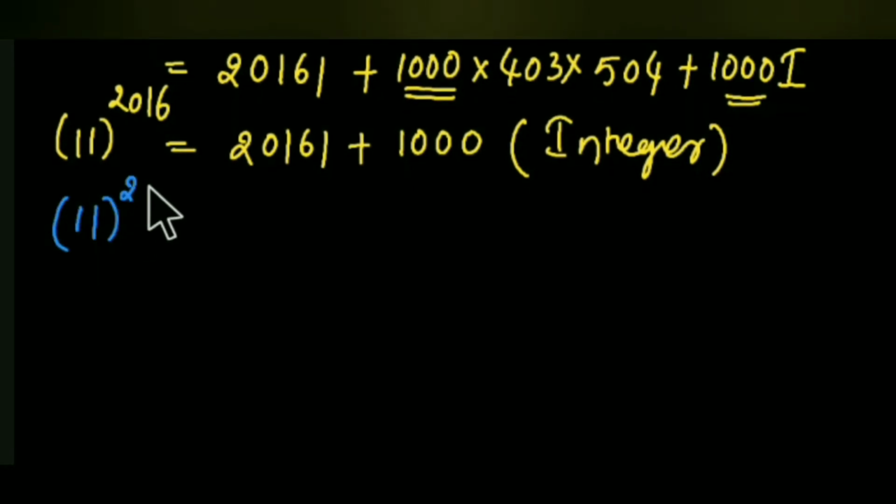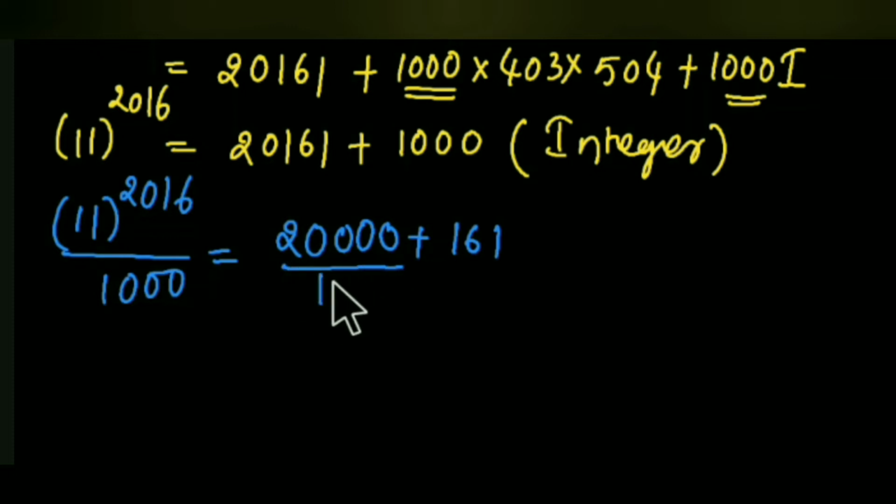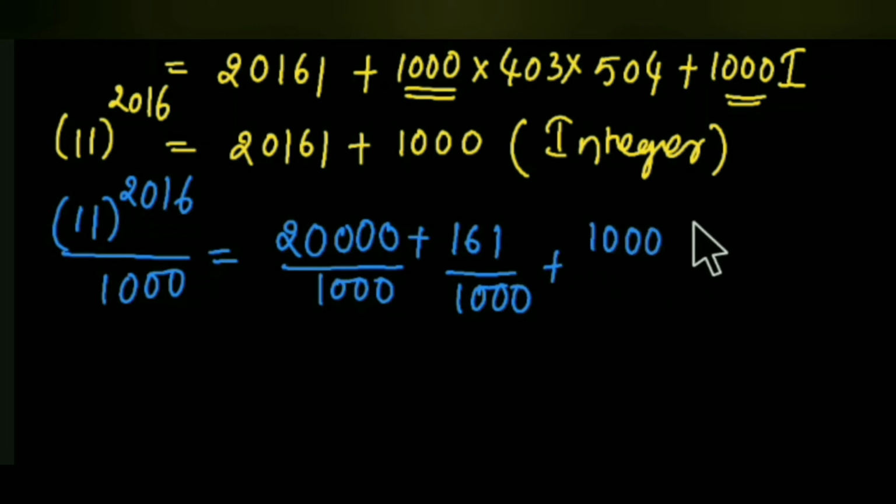Dividing by 1000, 20,161 can be written as 20,000 plus 161, divided by 1000, plus 1000 into the integer divided by 1000.